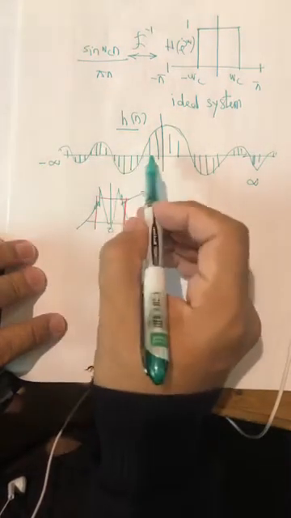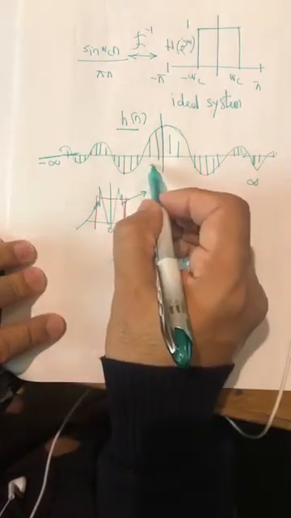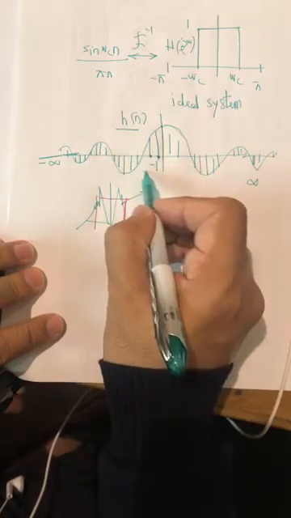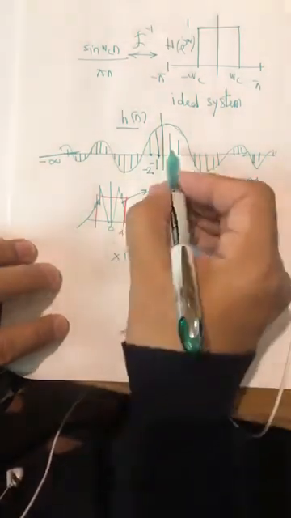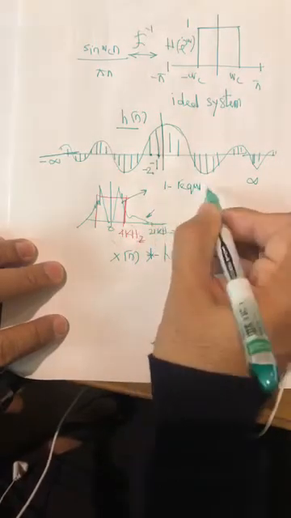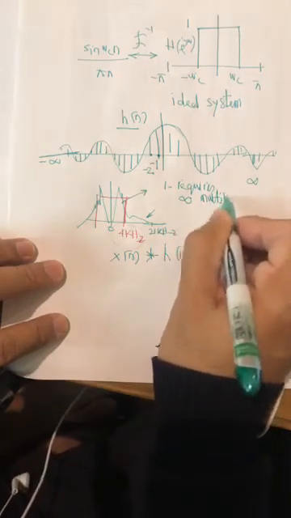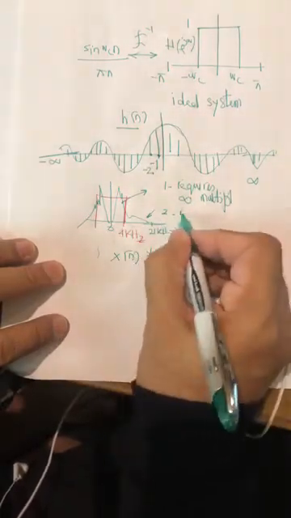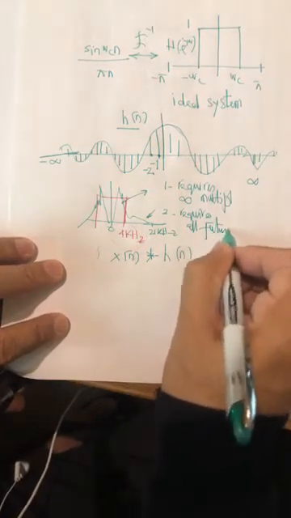It requires all the future samples, because h of minus 1 requires x of n plus 1, and in the convolution summation, h of minus 2 requires x of n plus 2. So there are two issues. Number one, it requires infinitely many multiplications just to compute one output sample. And number two, it requires all future samples to perform convolution.